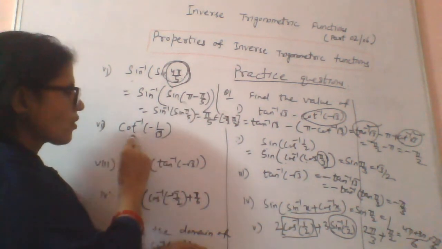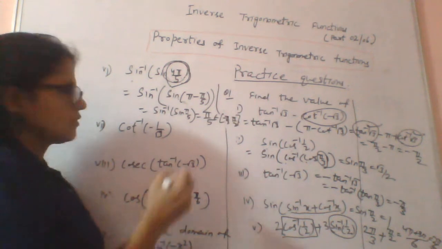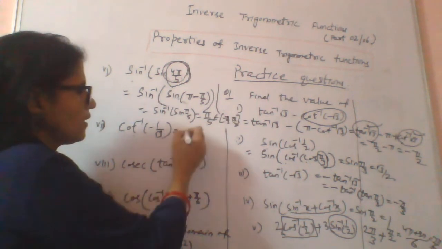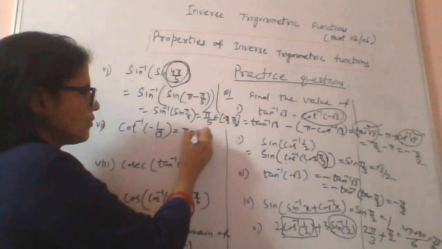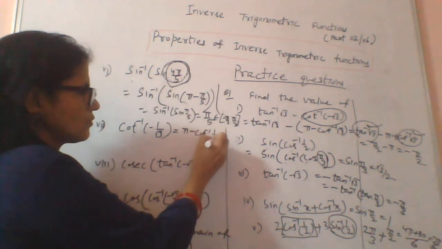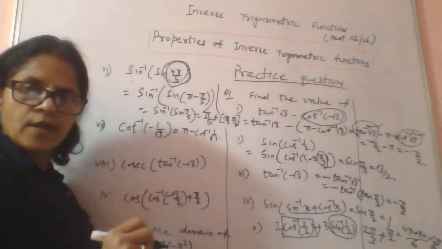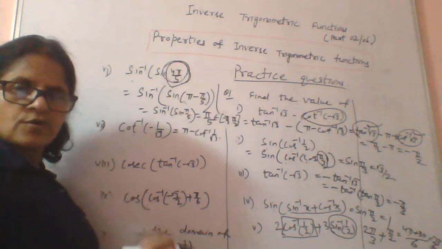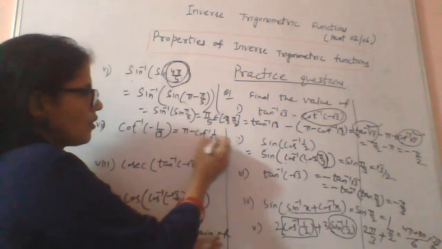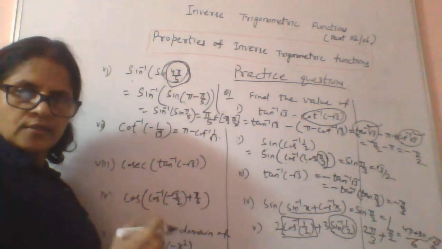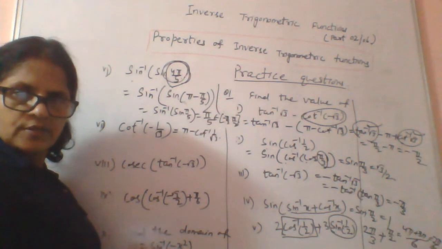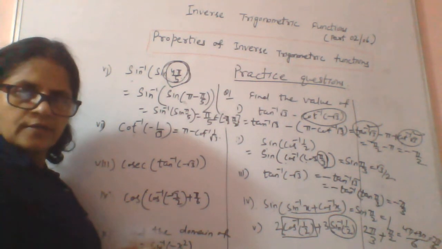Next one is cot inverse of minus 1 by root 3. This can be written as pi minus cot inverse 1 by root 3, because cot inverse of minus x is equal to pi minus cot inverse x. So cot inverse 1 by root 3: the cotangent of which angle is 1 by root 3? Cot 60 is 1 by root 3, since tan 60 is root 3.